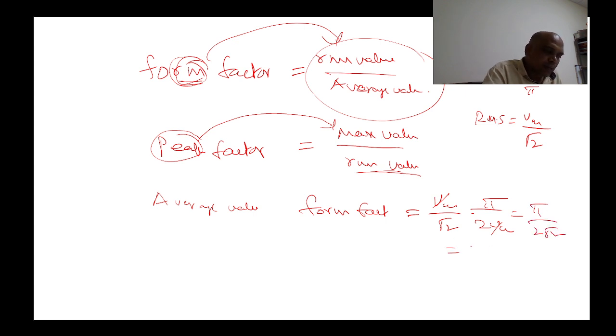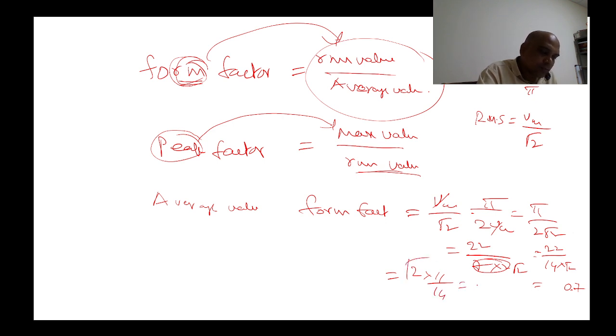If you solve, pi is 22 by 7, into 2 root 2, which gives 22 by 14 root 2. 1 by root 2 is about 0.7, so it is approximately 22 by 14 times 0.7.